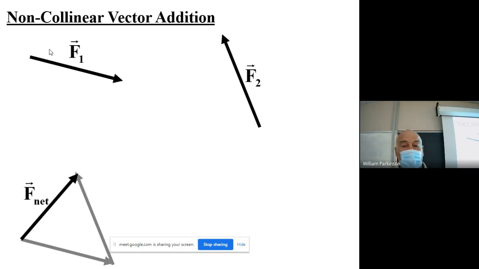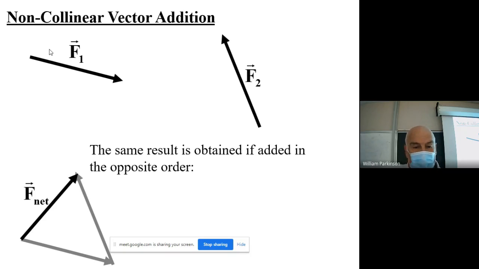Now, what else I want to point out here is I did my vector sum by starting with F1 and then adding to it F2. You will get the same result if you start with F2. So now I'm laying F2 out. Then on the tip of F2, I attach the tail of F1.